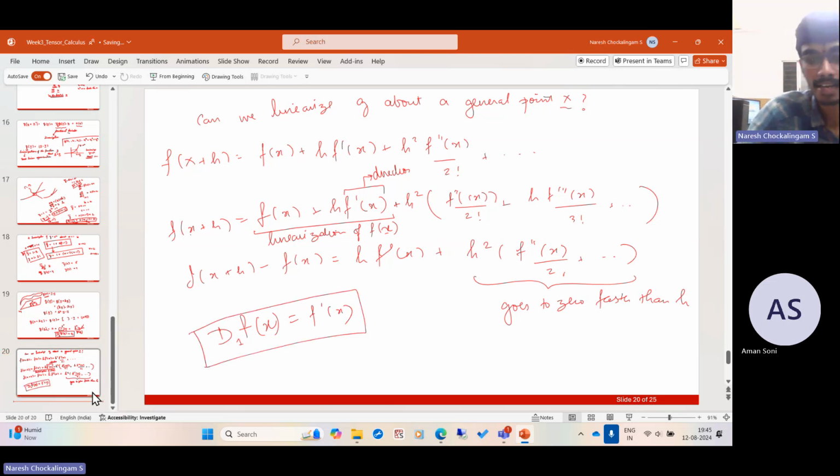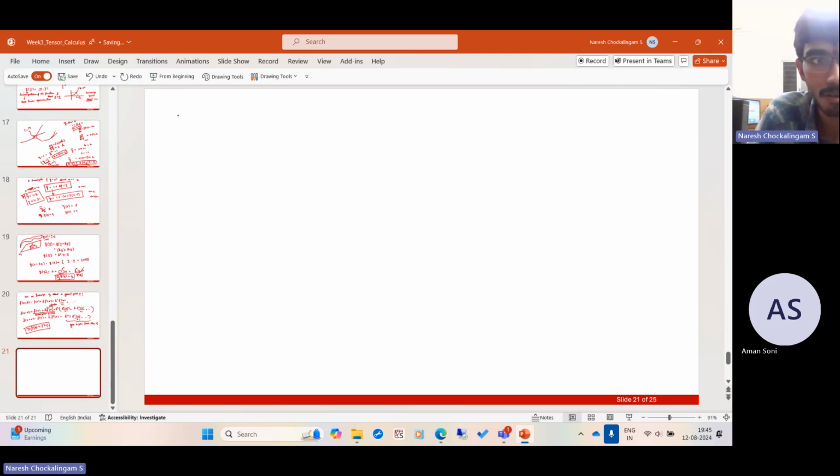So along similar lines, we can linearize g about a general vector x. To do that, consider g of x plus hu. So you perturb the point x. You take some direction u, and move in that direction a quantity of hu.